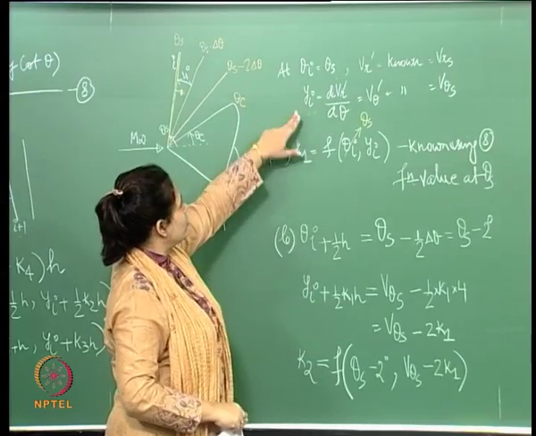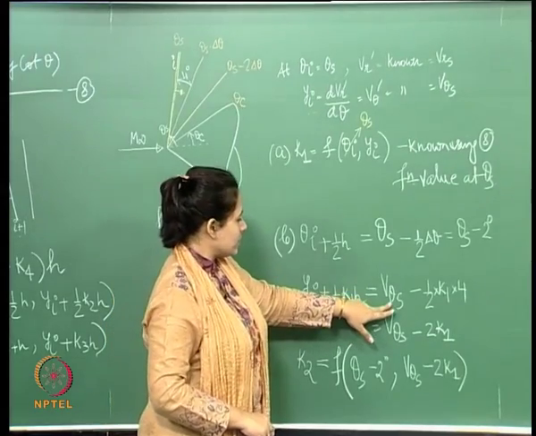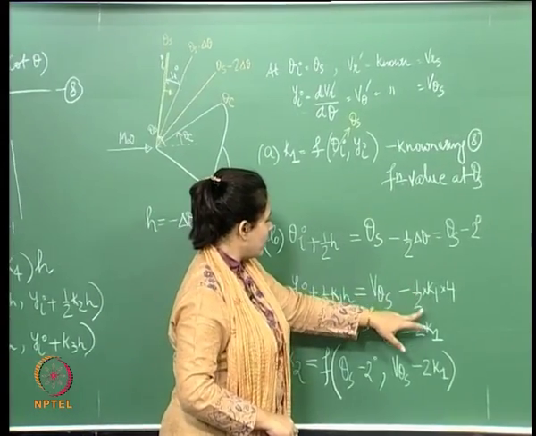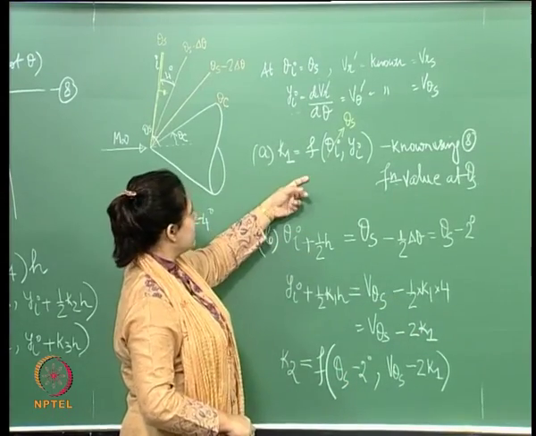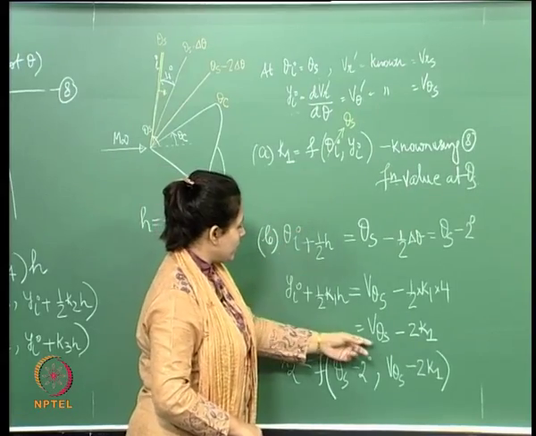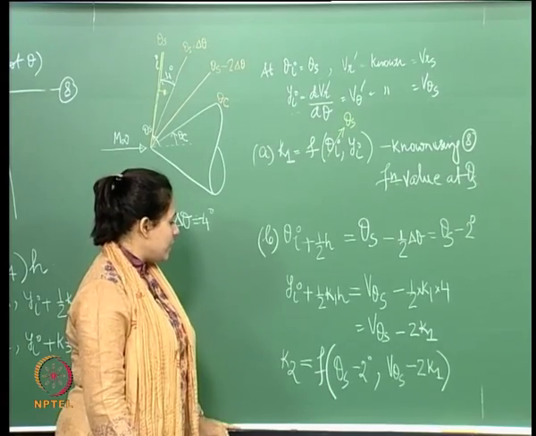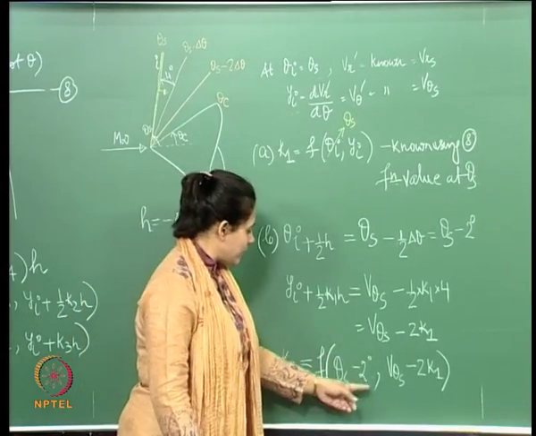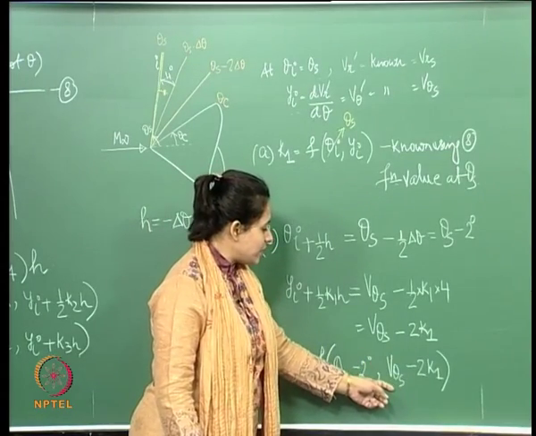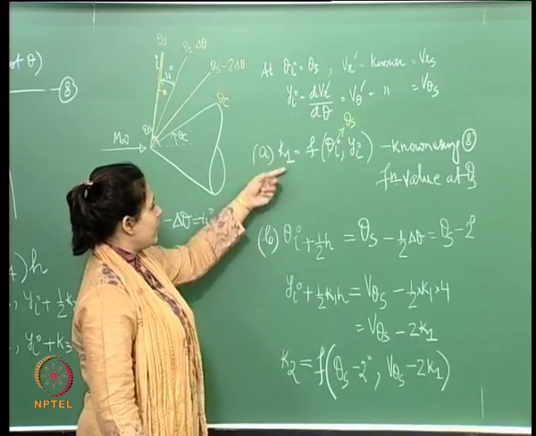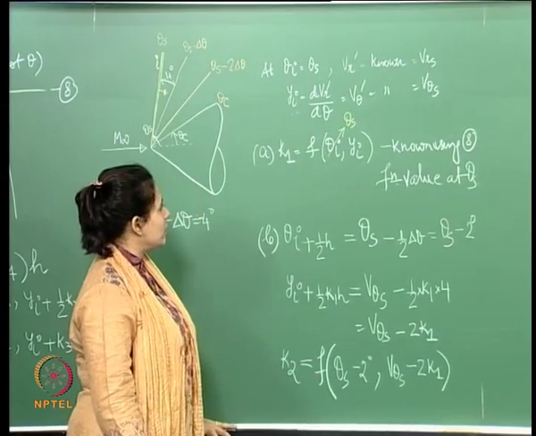So yi, which is known, is V theta s, right, V theta s minus half of k1 into 4, and k1 is what we calculated in step A. Therefore V theta s minus 2 k1. So my k2 now becomes the function at theta value theta s minus 2 and the y value V theta s minus 2 k1. Now k1 is something we have already calculated.